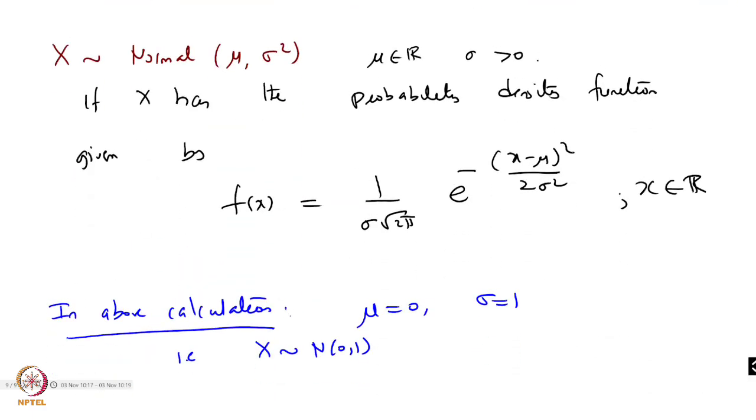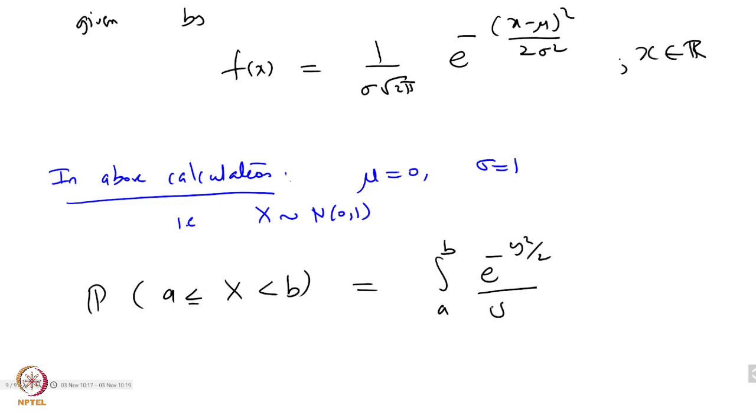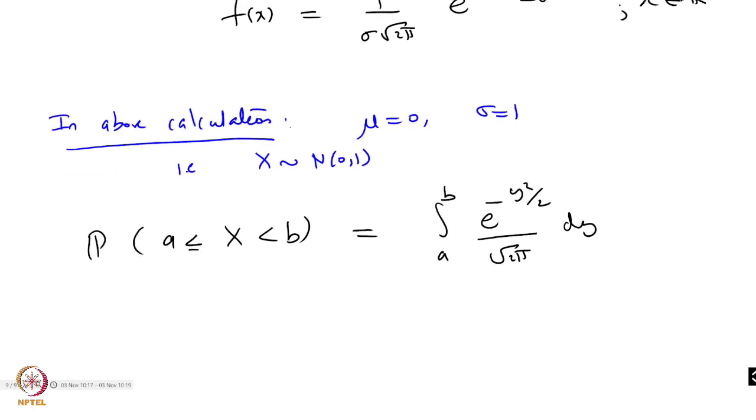So this is what we will try and see. Of course, this implies that the chance that X is between a and b is the integral from a to b of e to the minus y squared by 2 over root 2 pi dy. If you stare at this a little bit, this integral has to be evaluated numerically.